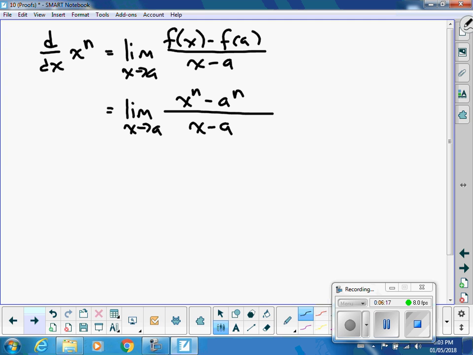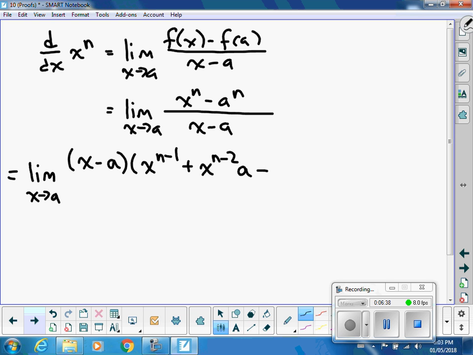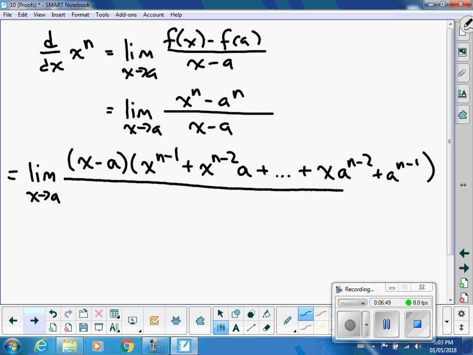Now I'm going to make use of that other rule we just introduced. So this is going to expand a bit here. In my numerator, I can factor that into x minus a times x to the n minus 1 plus x to the n minus 2 times a plus, and so on, plus a to the n minus 1.